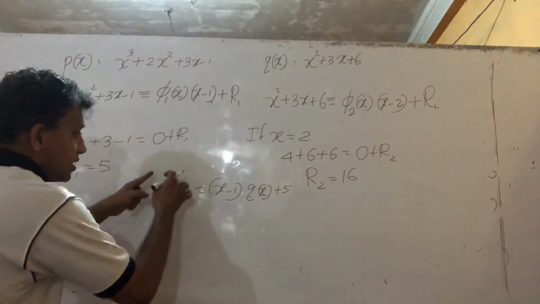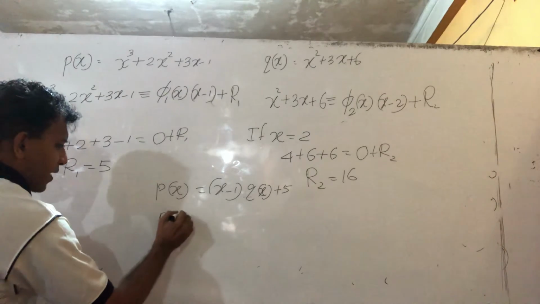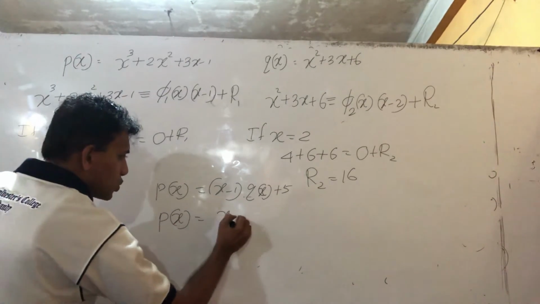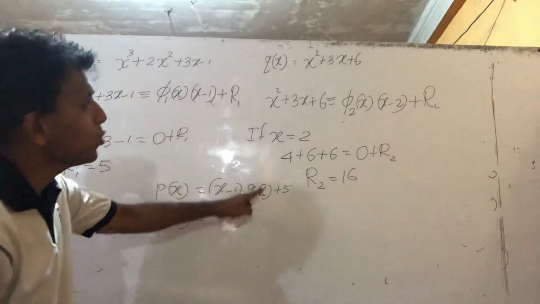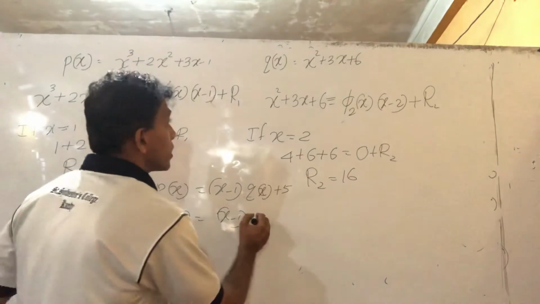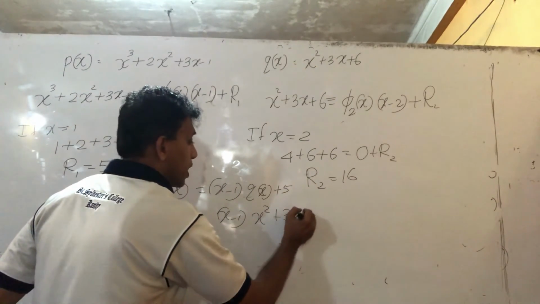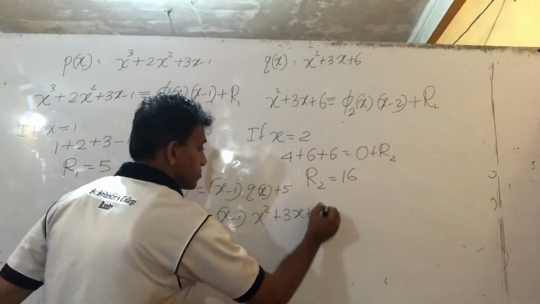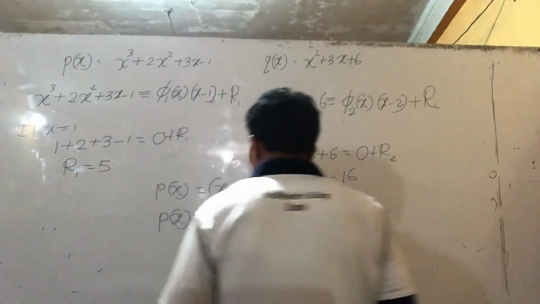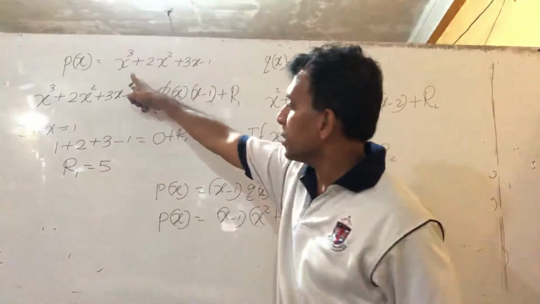So therefore see here, you know the p(x). Write p(x) equal to x minus 1. What is q(x)? This is the q(x) part: x square plus 3x plus 6, plus 5. Now to verify, show that if you multiply the bracket it becomes the same answer.